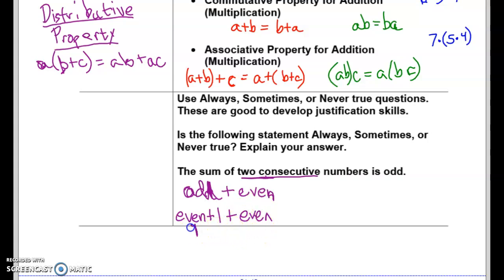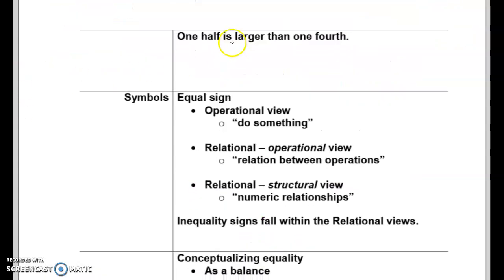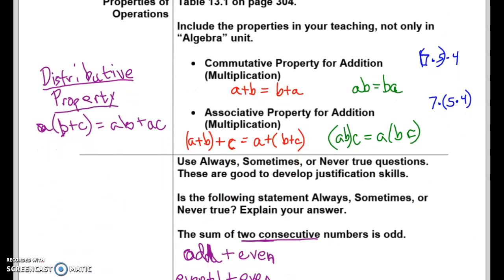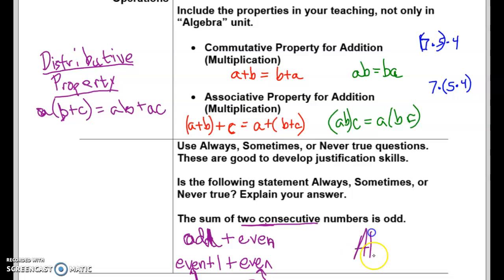Well, anytime you add two of the same numbers, that's going to be even, because remember the definition for even means 2 is a factor, or it's something times 2. So we would have 2 times that even plus 1, and this plus 1 makes that odd. Oops, let me go back. I forgot to answer the question here. So that is always true.